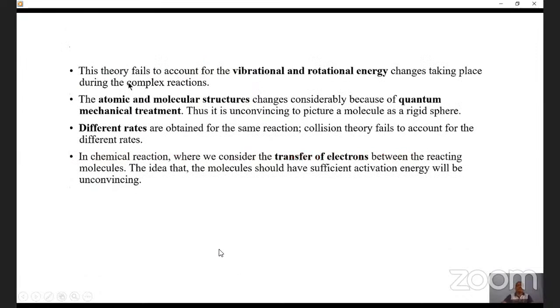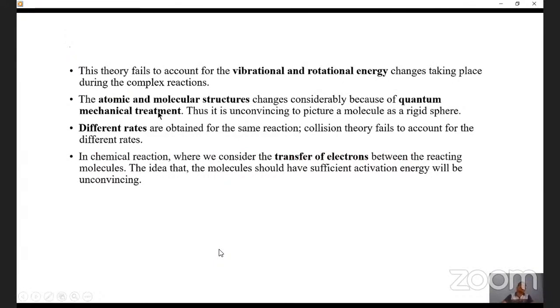This collision theory fails to account for the vibrational and rotational energy changes taking place during the complex reactions. The collision theory has taken into account only the translational motion but not the vibrational and rotational energy changes that take place during the complex reactions.